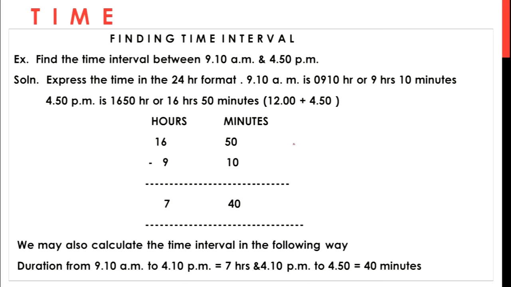Next problem is finding time interval. Again, the time interval asked here is between 9:10 a.m. and 4:50 p.m. Out of 4:50 you cannot subtract 9:10 a.m. Therefore you have to take the help of the 24-hour clock, converting 4:50 p.m. into 24-hour time format, it gives you 16 hours and 50 minutes. 16 hours 50 minutes minus 9 hours 10 minutes gives you 7 hours and 40 minutes.